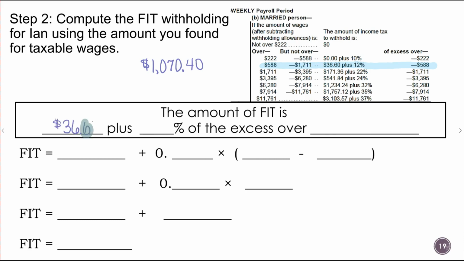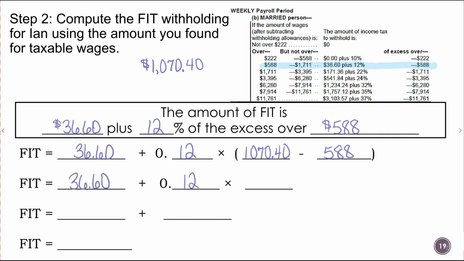Okay, so that means that he will pay $36.60, plus 12% of the excess over $588. We're on the 12% again. So $36.60 plus 12%, which is 0.12, times the amount we get when we subtract $588 from $1,070.40, which is $482.40.